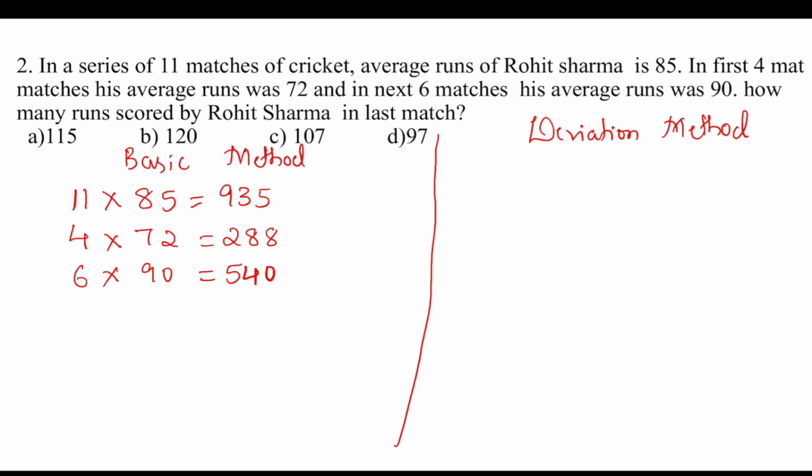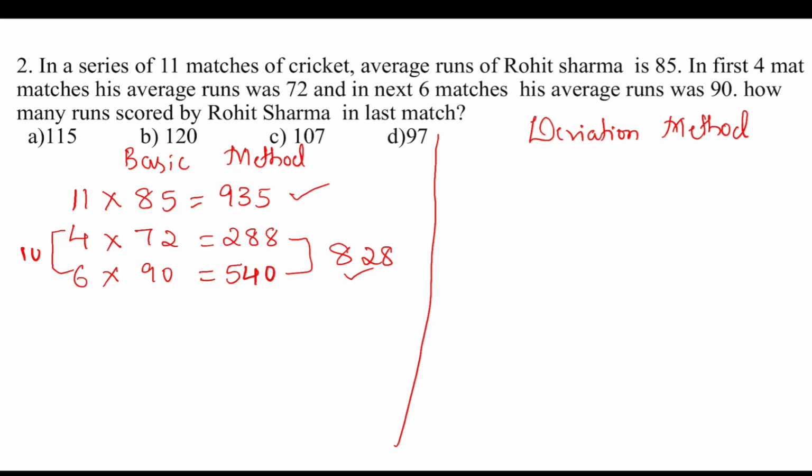Now, this 6 plus 4 is 10 matches. So we want how much he scored in the 11th match. So 540 plus 288 will be how much? 828. Okay, so we know 11 matches sum is 935 and 10 matches sum is 828.